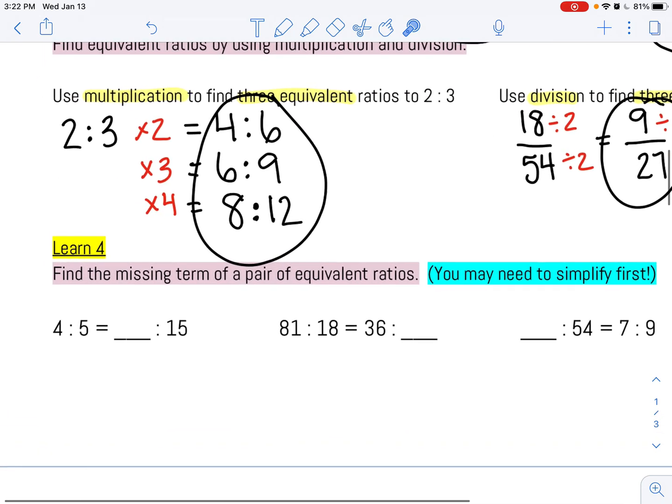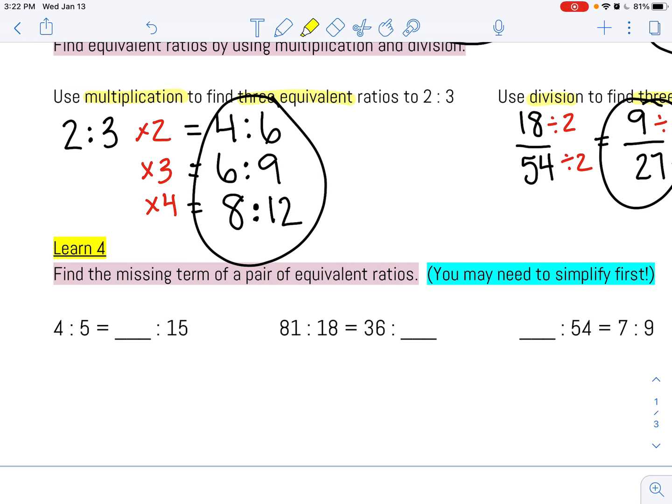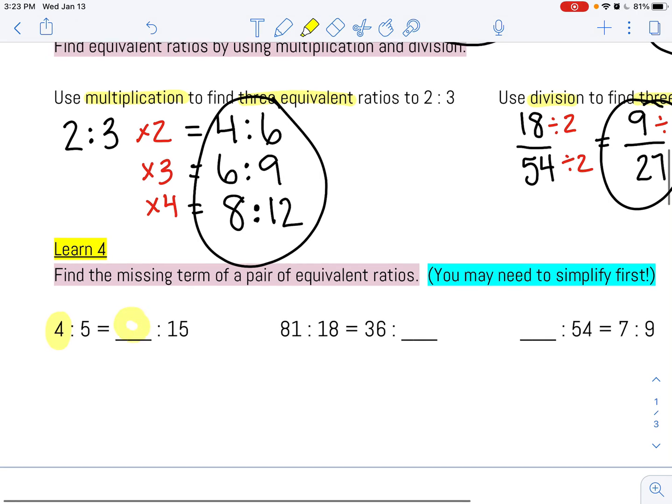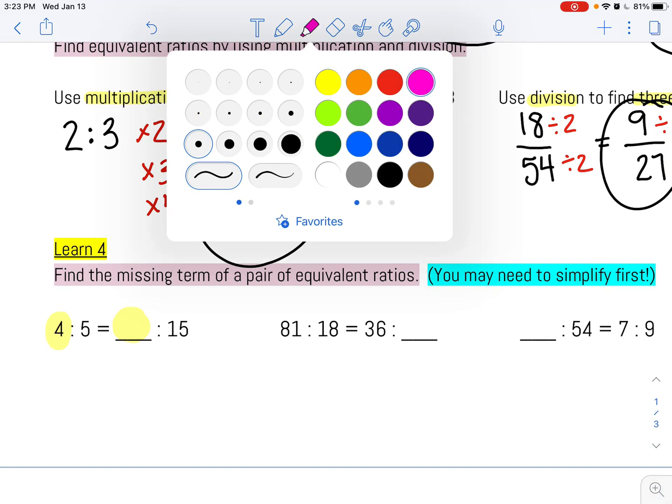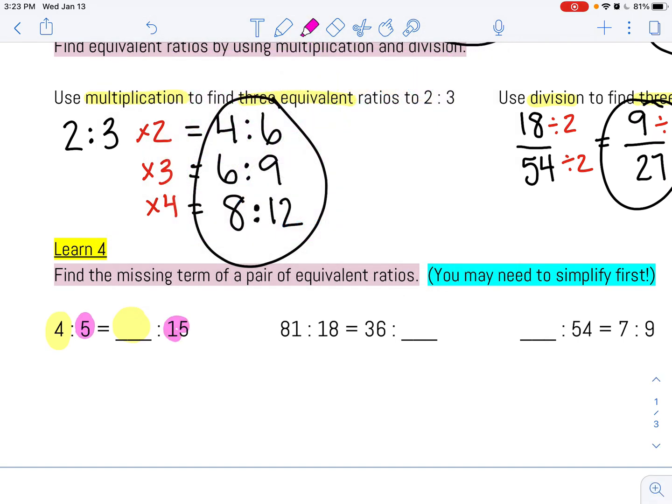So if I use my highlighter, I want to start by matching up my terms. So in this example, 4 is matching up with the same spot as this mystery number, and 5 matches up with the number 15.